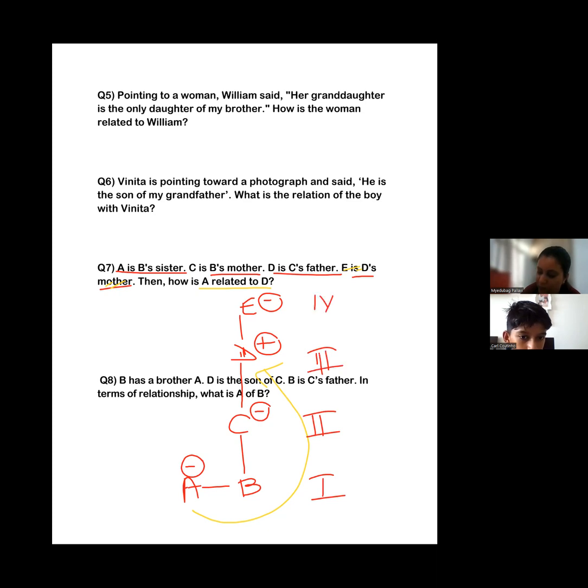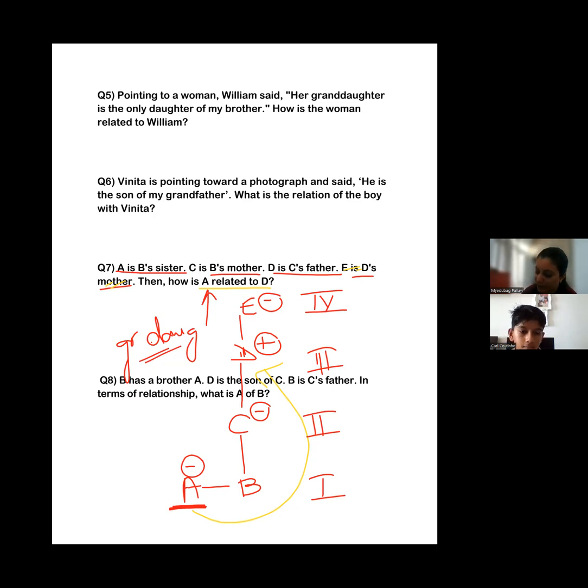This is the fourth one, but it is not required. So it is asked how is A related to D? D is the grandfather of A, yes, correct. So D is the grandfather. How is A related? A will be granddaughter. Thanks for correcting. A will be granddaughter, right?